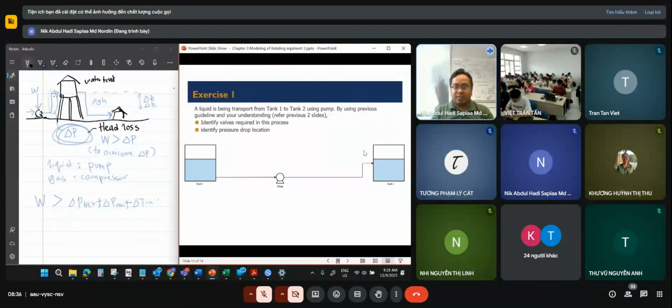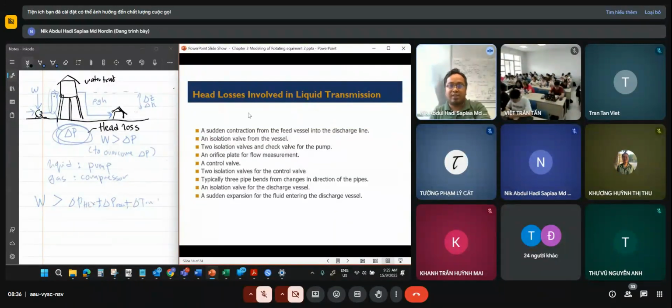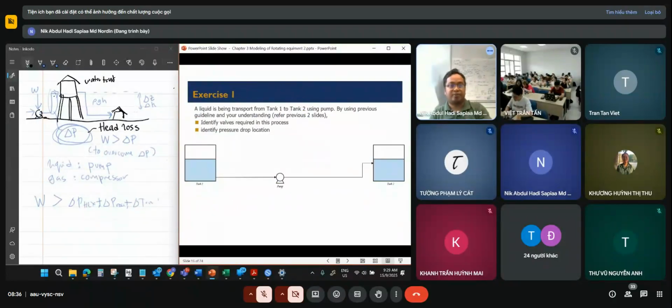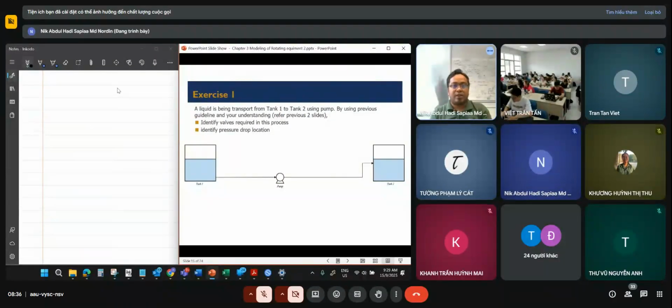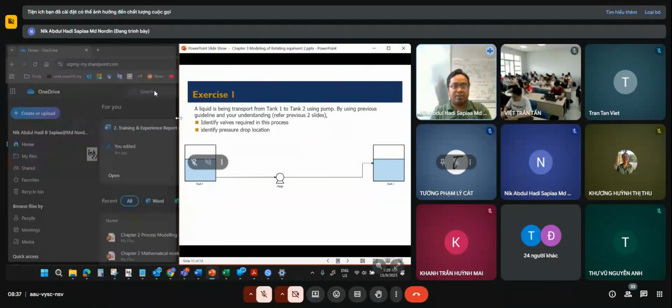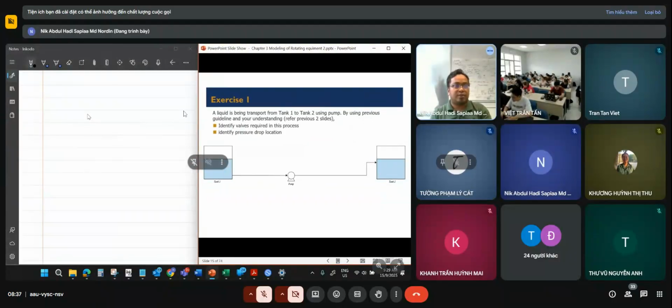Refer to this diagram together with these slides. Try to understand where this head loss would happen. In the meantime, let me try to draw this.